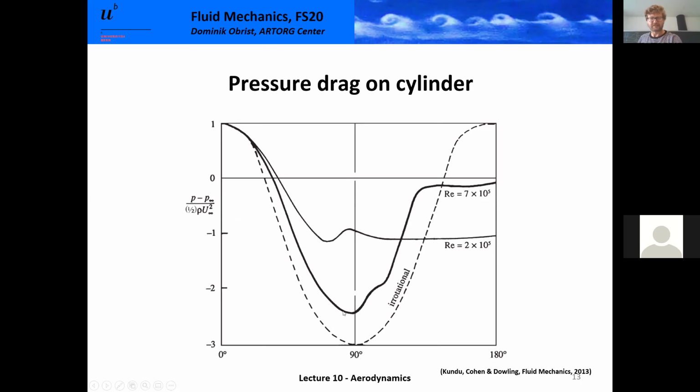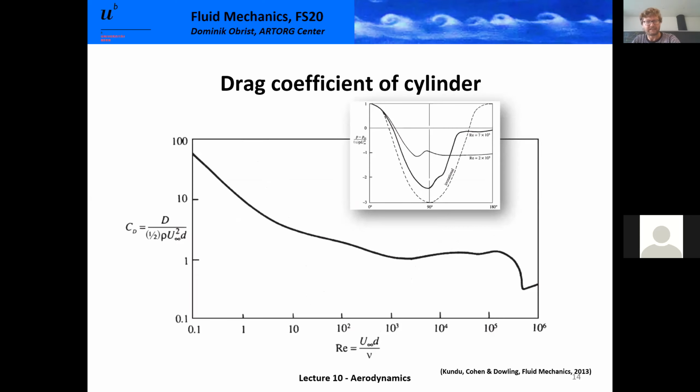The thick solid line is much closer to what we had in potential flow theory, so it's much reduced drag. Jumping from this point to this point happens as we go across a certain critical Reynolds number. And as we go across this line, we say the cylinder or the sphere is going through the drag crisis. And this is shown here in this diagram of the drag coefficient. We had this before.